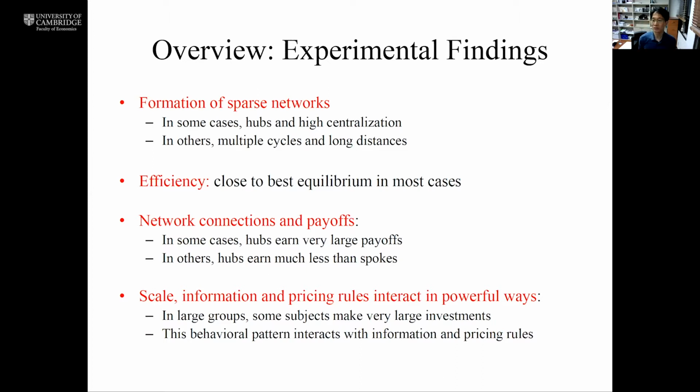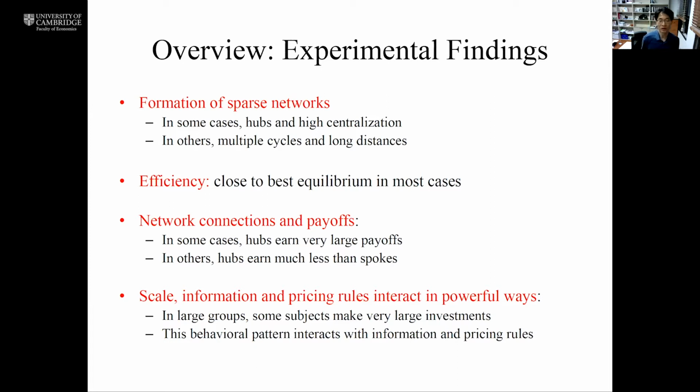But sometimes, even if the networks are sparse, people create very unequal, highly centralized networks. Other times, they create very equal networks with multiple cycles and long distances. Regarding efficiency, in most cases, we observe a level of efficiency very close to that achieved by the best equilibrium network structure.